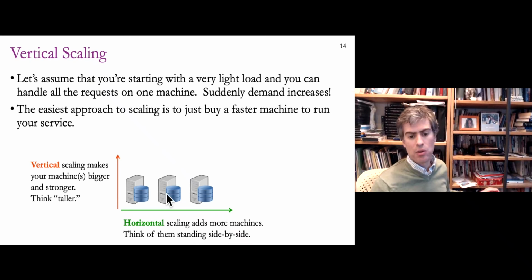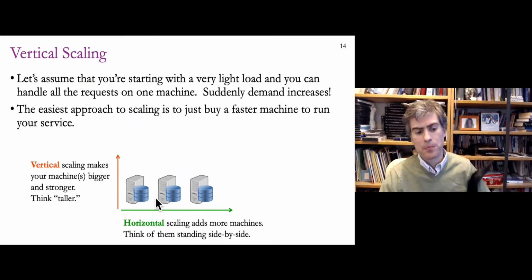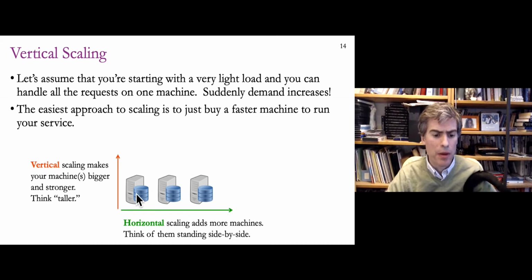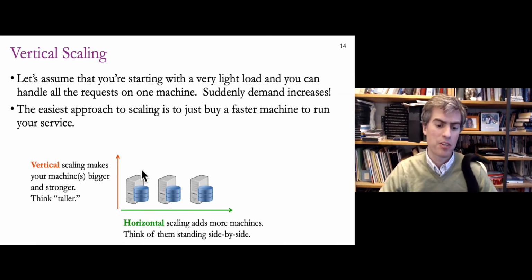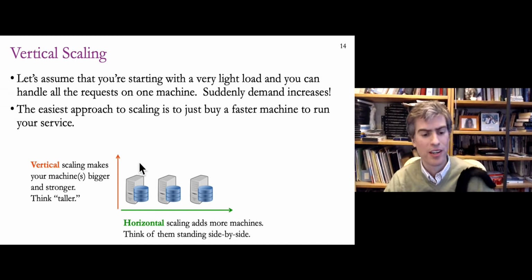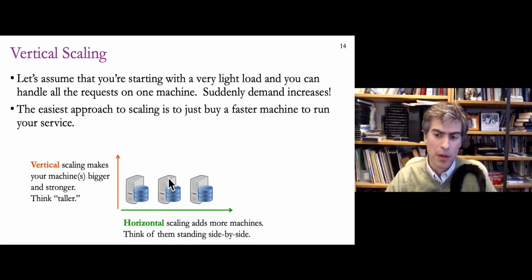So you have computers that all kind of stand next to each other, and if you are making your machine or machines bigger, think taller, and that's vertical scaling. So making your machine faster, stronger, taller is vertical scaling.